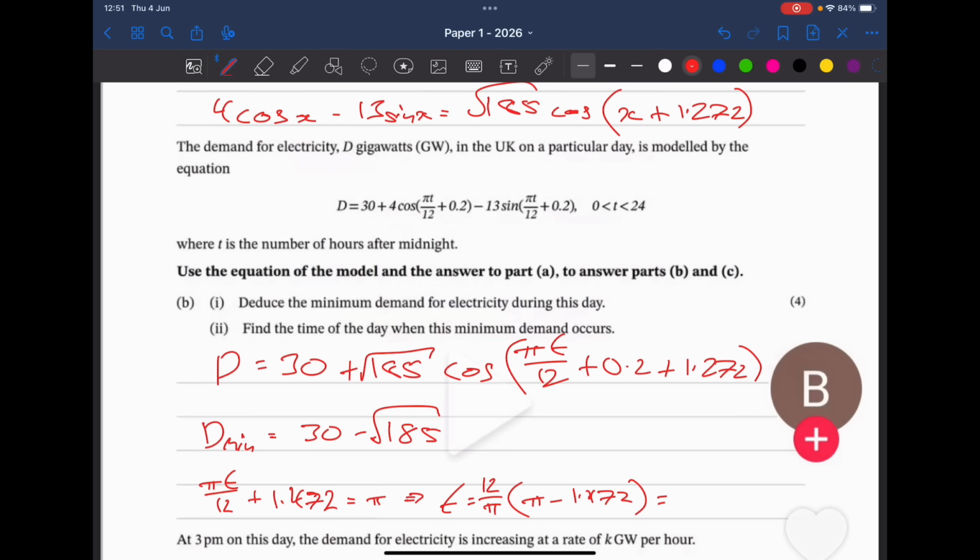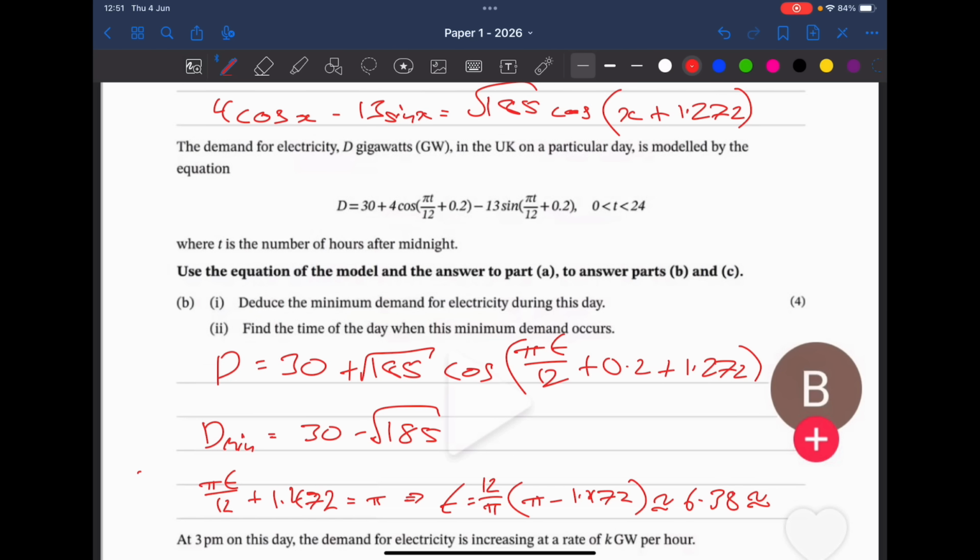Sticking that in the calculator then, what do we get? 12 over pi, times pi minus 1.472. I get a value of 6.38 when you rounded up, and again, that should be an approximation.